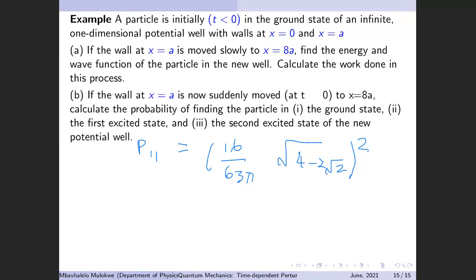Then for the first excited state, you still have to compute things like psi 2, psi 1.